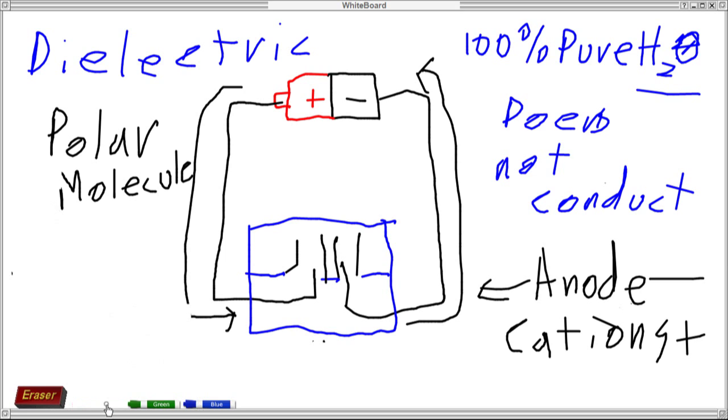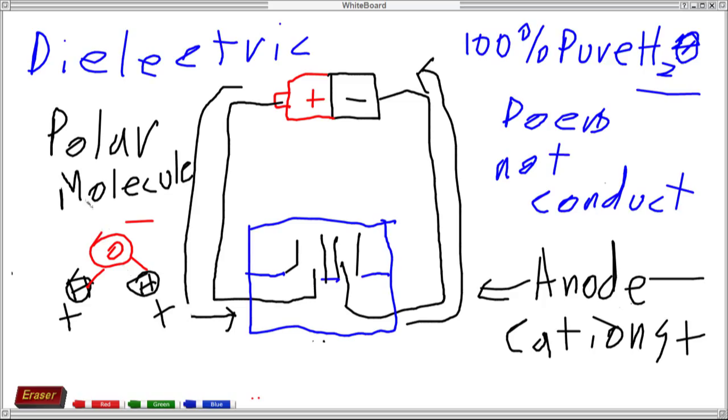I'll let you guess which ones are positive and which ones are negative. You have H, and your oxygen, which is O. This side is your negative side, and this side is your positive.